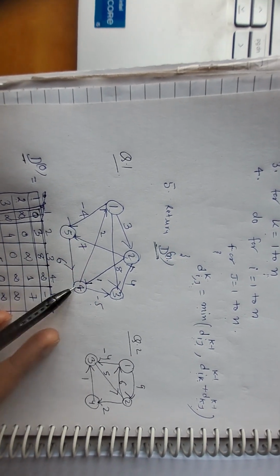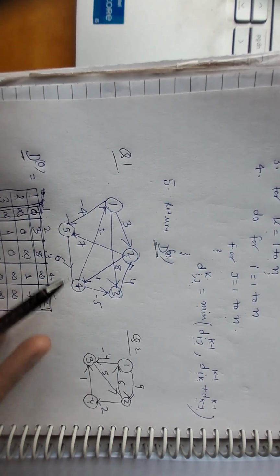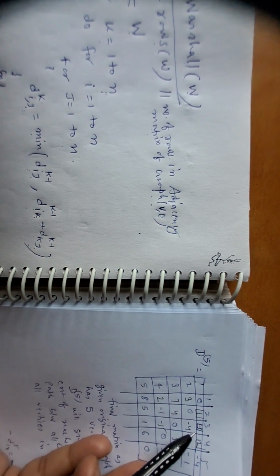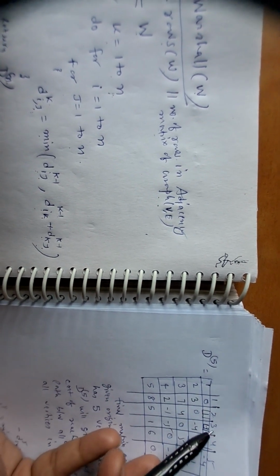So this is the path, and that is the shortest path, 1 to 5 and 5 to 4 and then 4 to 3. So all pair shortest path gives you the best answer here. In order to reach 1 to 3, the best cost you are getting is -3. So this is the answer written here.